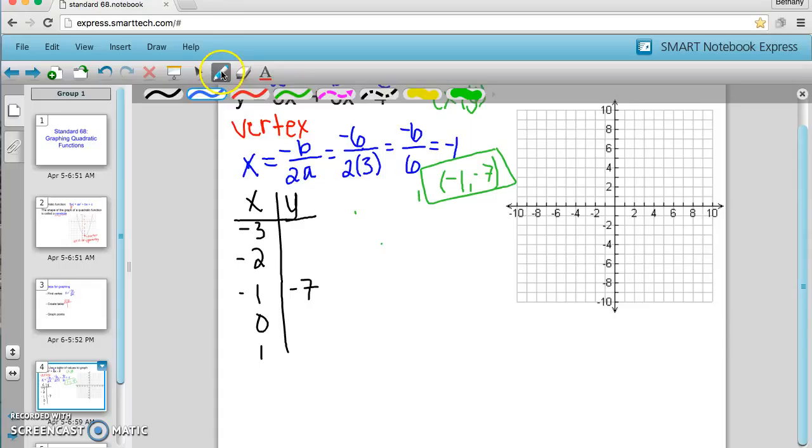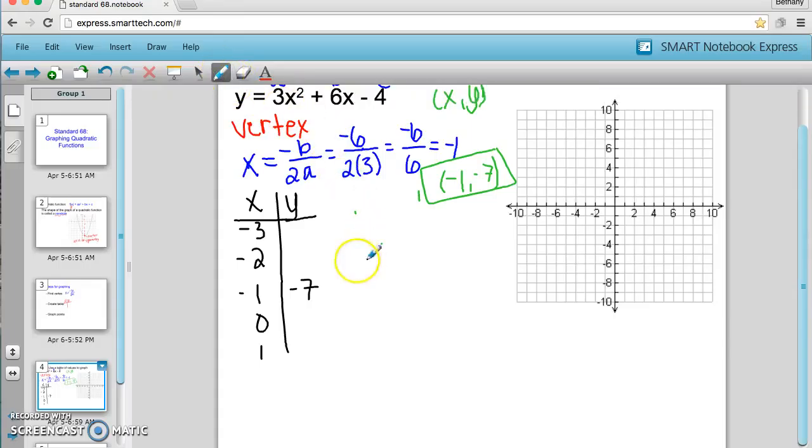Okay, so now we just need to go through and find our y values. To do that, I'm going to take my x value and plug it back into my equation up here. So I would say y equals 3, and instead of putting x, I'm going to put a -3, because I'm plugging in this x value. So -3 squared plus 6 times -3, and then -4.